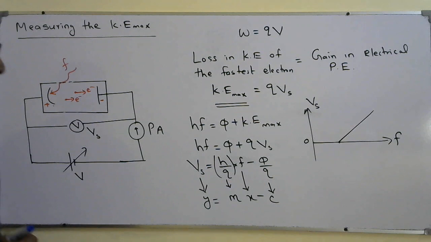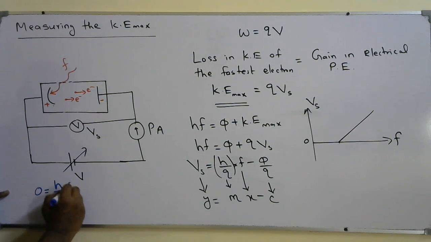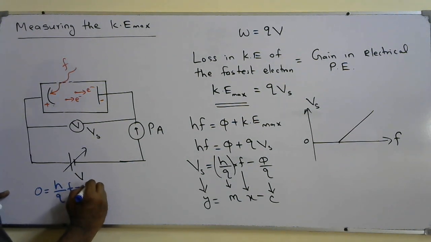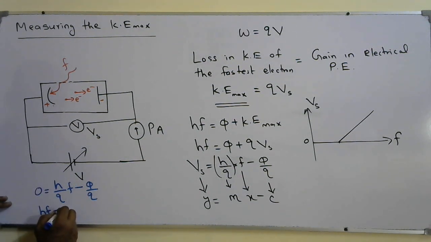If I substitute Vs equals 0 in this equation, 0 is equal to h over Q f minus phi over Q. Multiply the whole equation by Q, so you'll get hf minus phi equals 0. So we know phi is the work function, which is given by hf naught.